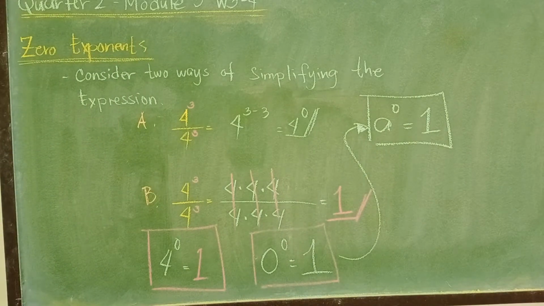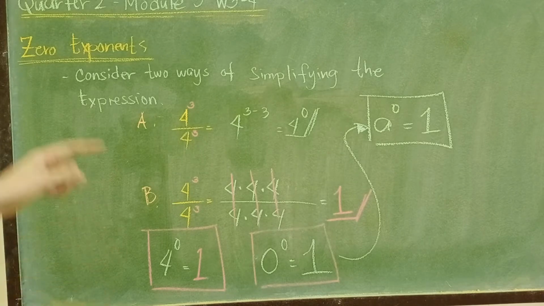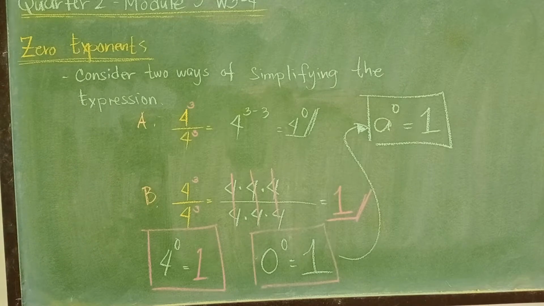Again, basta meron ka nakitang value na naka-raise sa 0, pwede mong palitan yun ng 1. Lahat ng values na naka-raise sa 0 equal to 1. Again, even yung 0, pag ni-raise mo sa 0, that is equal to 1. Well, you can try sa may calculator when we have proof na 0 raised to 0 is 1.